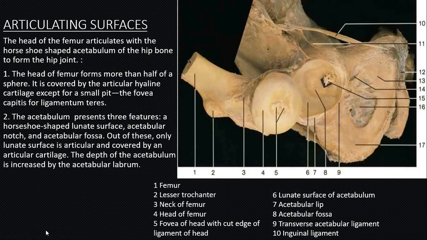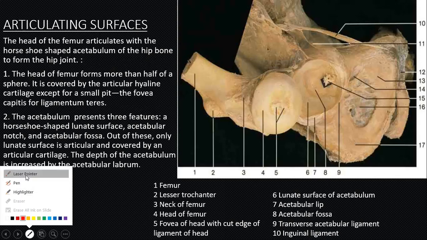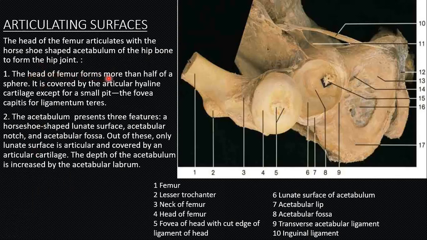Now, the head of the femur forms more than half of a sphere, and it is covered by articular hyaline cartilage, except at the tip of the head, where a small pit is excavated. That pit is known as the fovea capitis, and that is where the ligamentum teres femoris is attached.